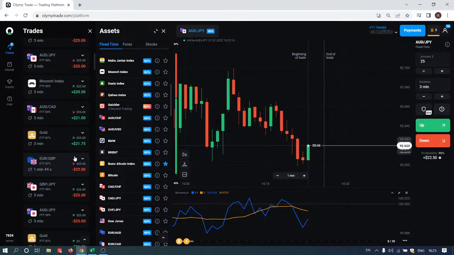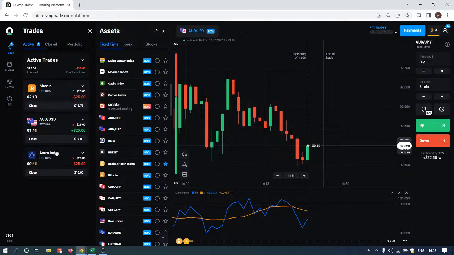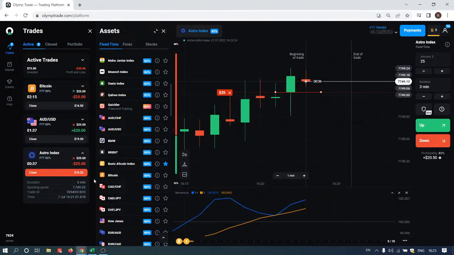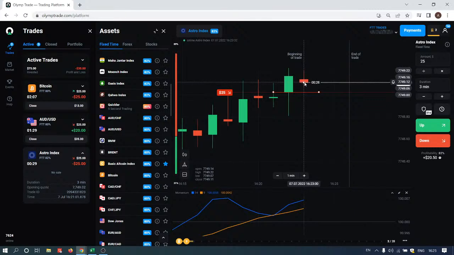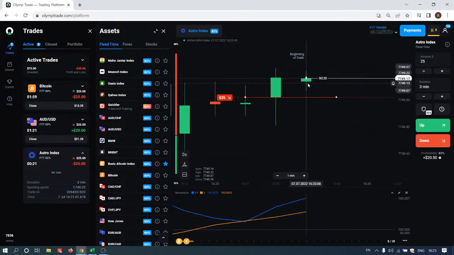So I hope, Astro index. All right, so basically, I'm in this situation where I kind of want to cancel this trade, but at the same time, I don't want to cancel it because we are so close to a winning point. Basically, I'm just a few pips away. So that's why. And now 20 seconds.